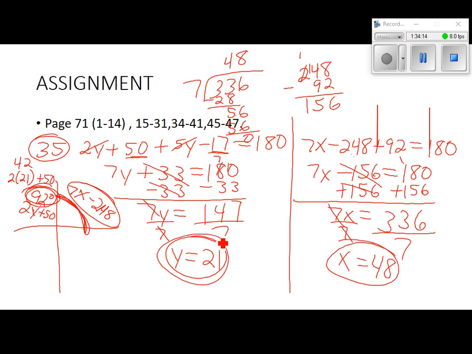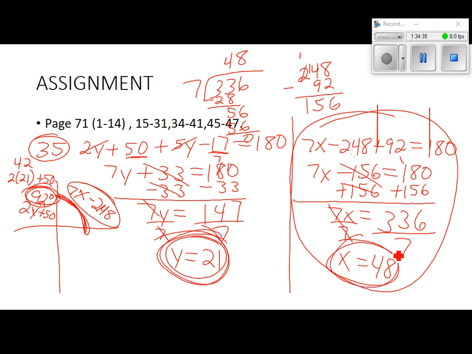And y was 21. Again, many different equations you could have set up on this problem. Those are the two I set up, partially because I couldn't read what was in my book for this one, but there are other ways you could have done it. Regardless of how you did it, your two answers should have come out: y equals 21 and x equals 48.